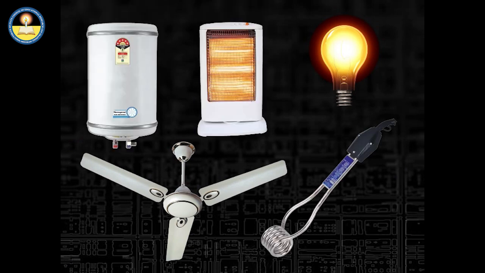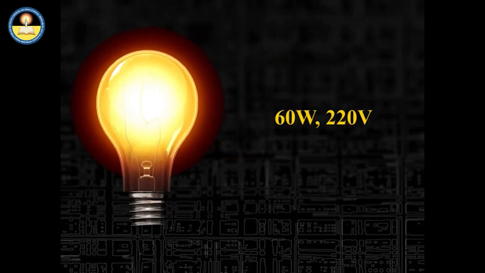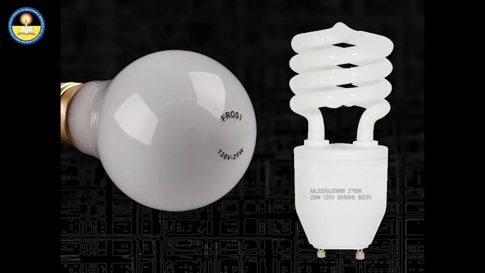In the mixed combination of resistors, some resistors are combined in series and some in parallel. Here, the resistors R1, R2 and R3 are connected in series between the terminals A and B, having their equivalent resistance as Rs, while the resistors R4, R5 and R6 are connected in parallel between the terminals B and C, and their equivalent resistance is Rp.